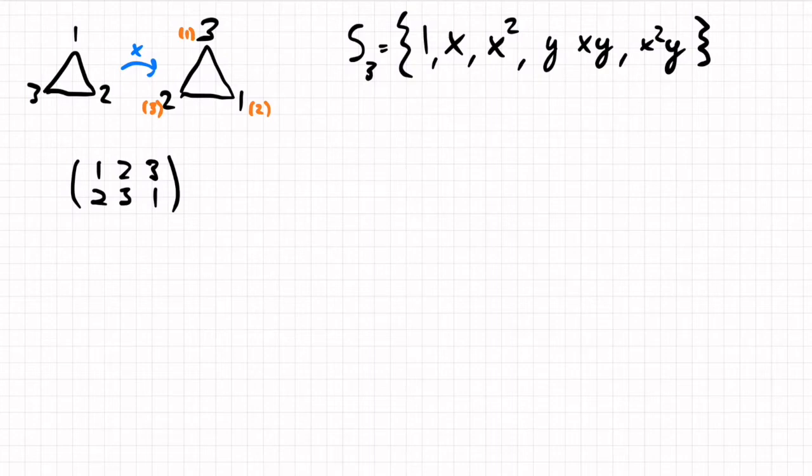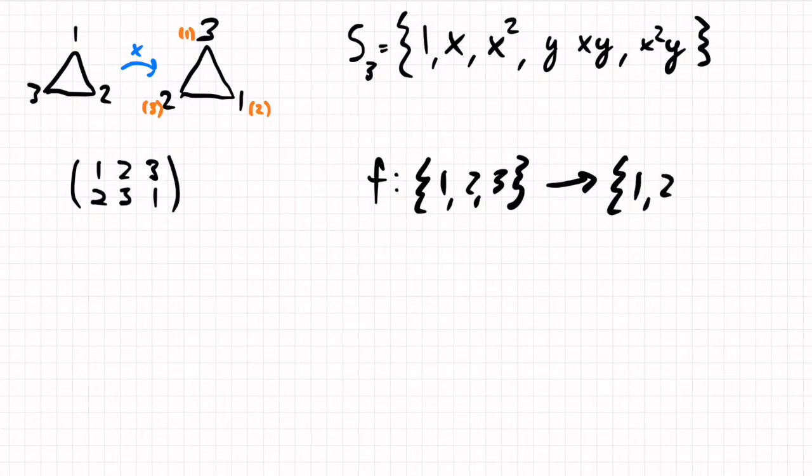And what we want to notice is that this matrix gives us a permutation, that is a function which is one-to-one and onto from the set 1, 2, 3 to the set 1, 2, 3.